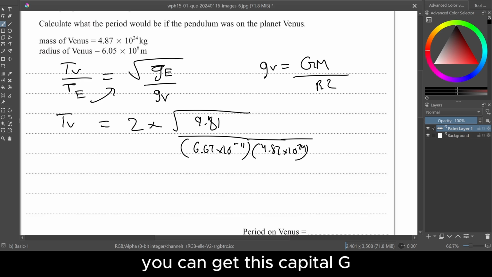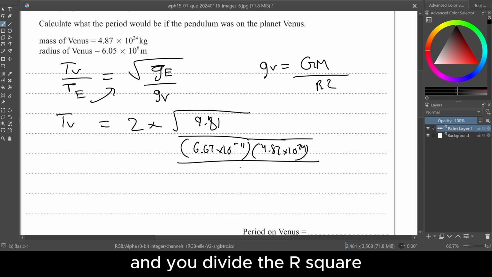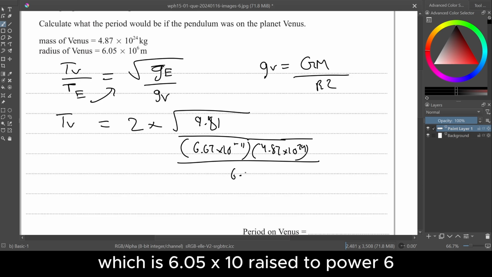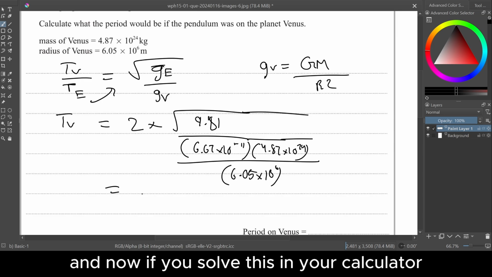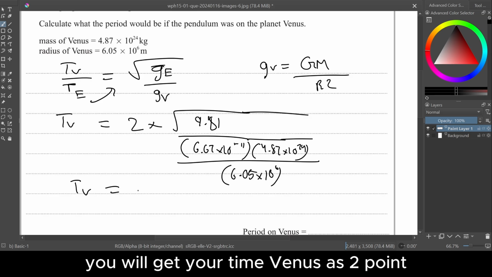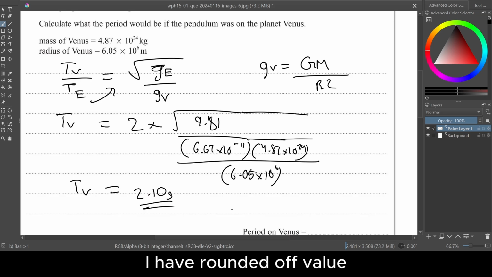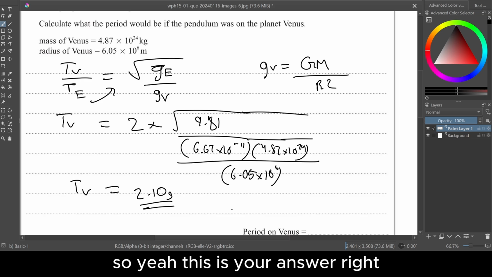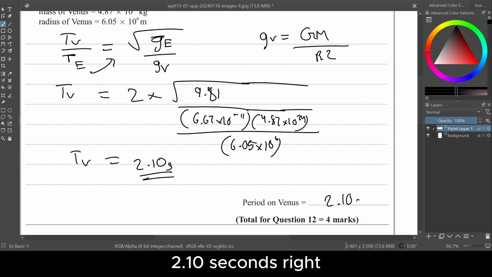You can get this capital G value from your formula sheet. And you divide by R square, where R is 6.05 times 10 raised to power 6. Now if you solve this in your calculator, you will get your time for Venus as 2.10 seconds, rounded off. So this is your answer, 2.10 seconds.